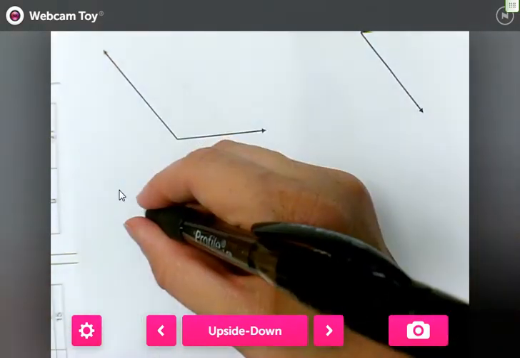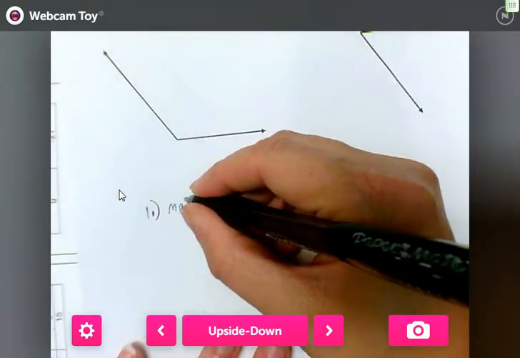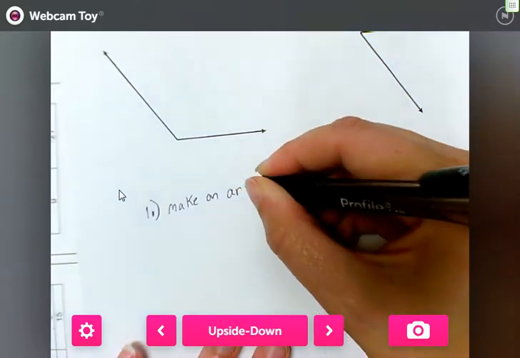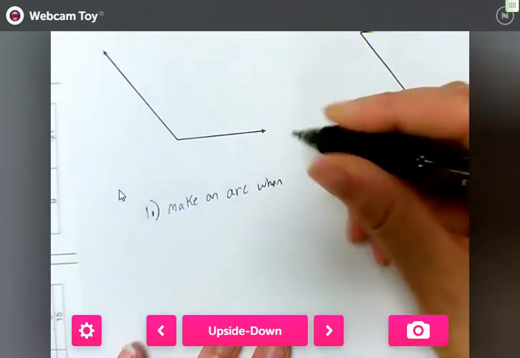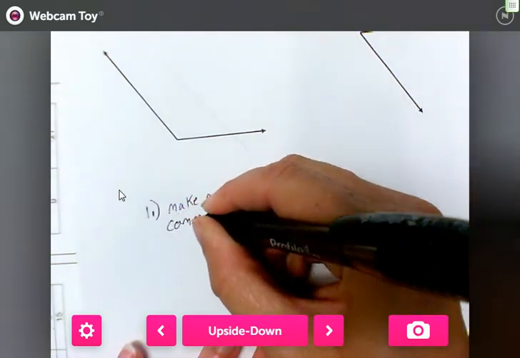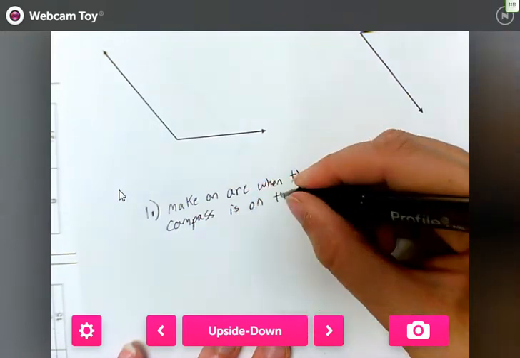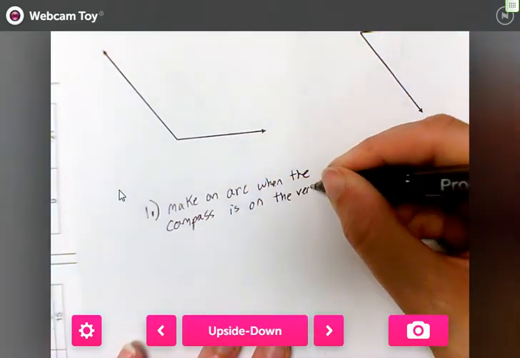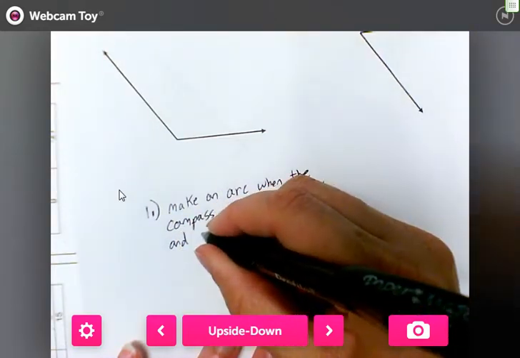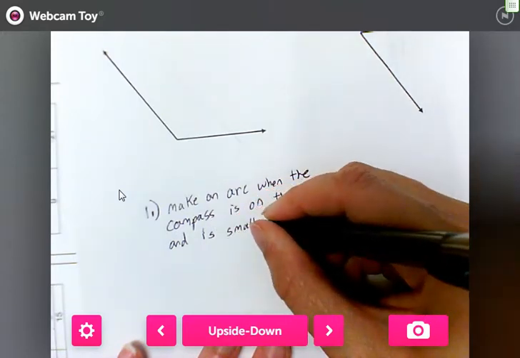So my first step to bisect an angle is: make an arc when the compass is on the vertex and is smaller than the ray.